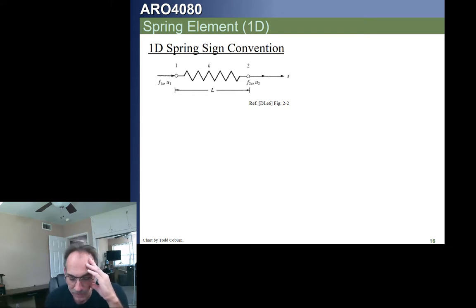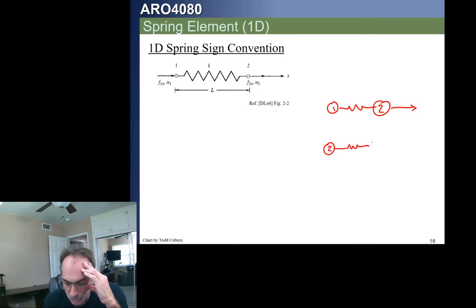Let's say we have a spring that goes from node 1 to node 2. That means the X is going to go this way. Let's say we have a spring that goes from node 2 to node 1. Well, once again, the lower node is 1 going toward 2. This is our positive X.